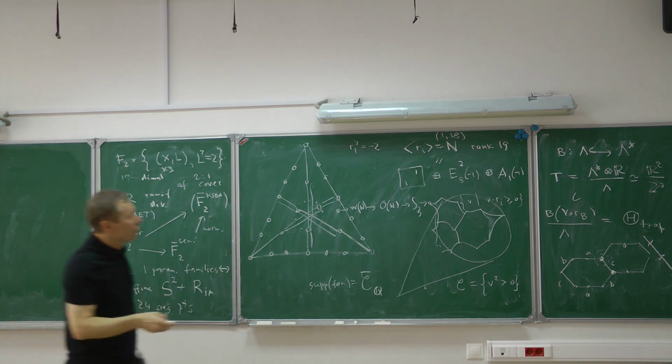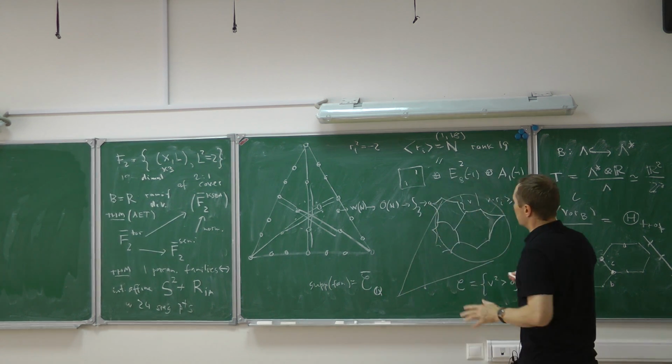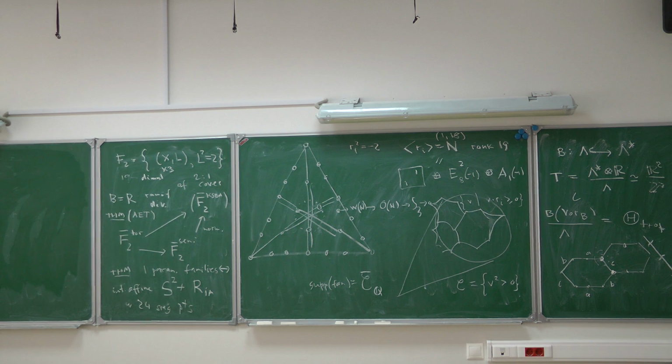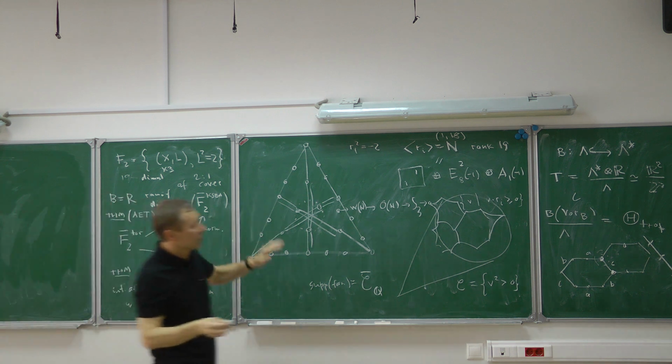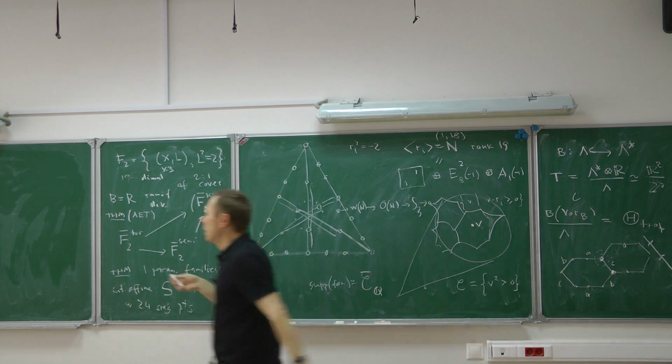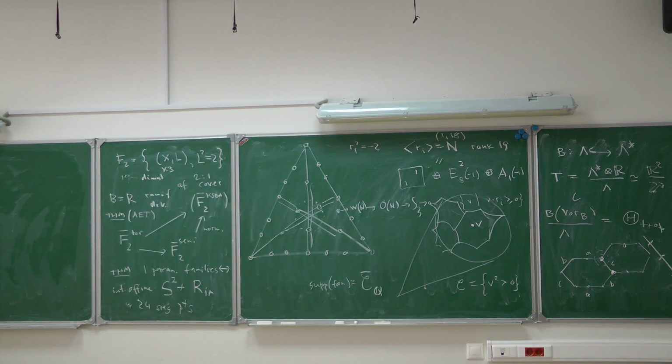So I will take a point in the interior of this cone. Moreover, just in the interior of this fundamental chamber, and so then I have these a_i, and they are positive integers.